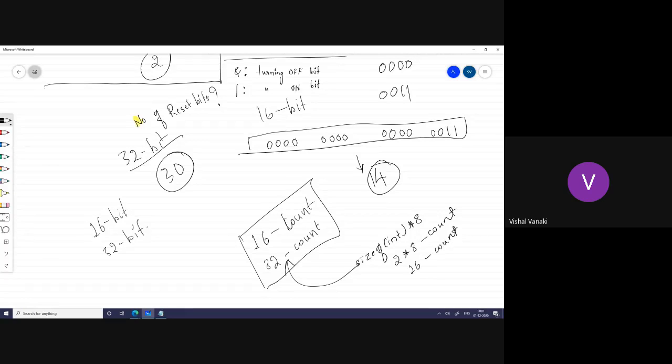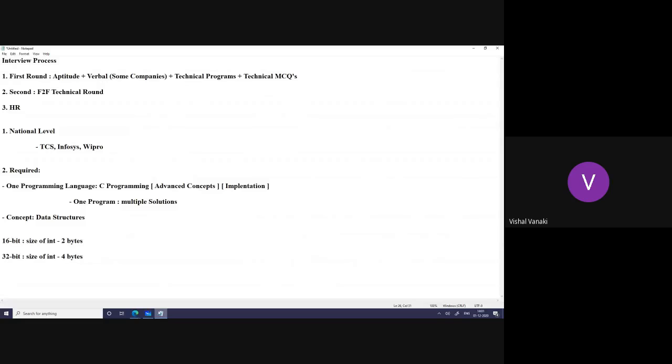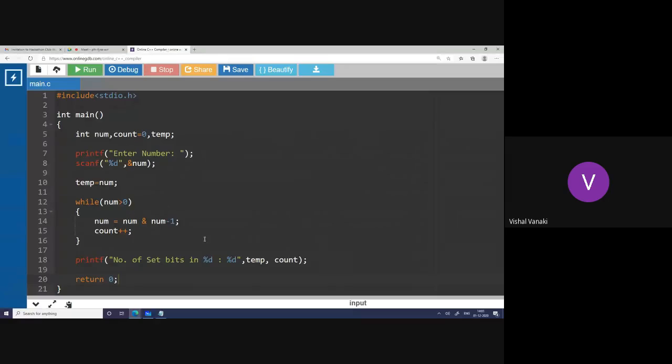You can use the same logic. So instead of this, I'm opening a compiler now. Here, instead of count, you can write size of int multiplied by 8 minus count.